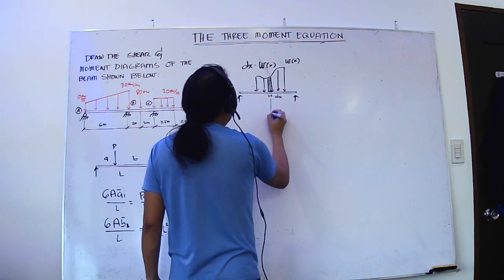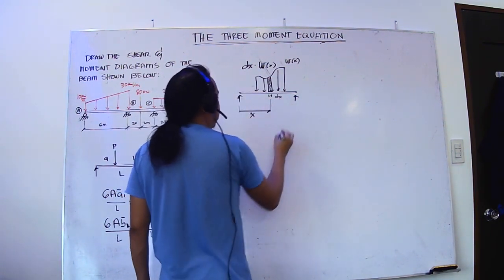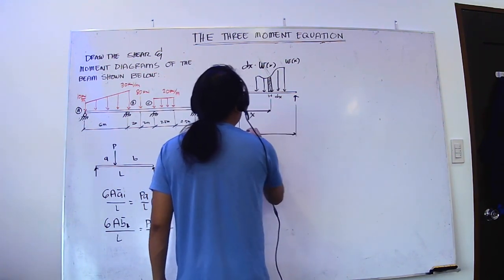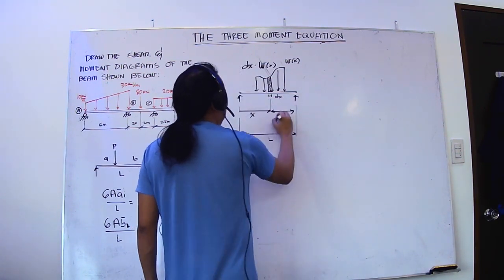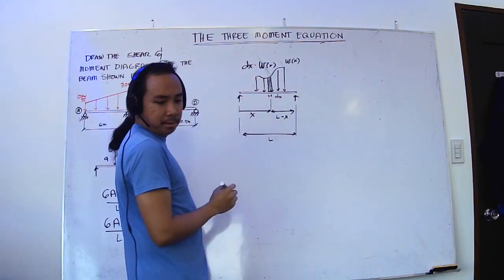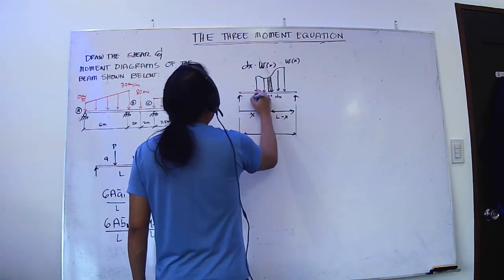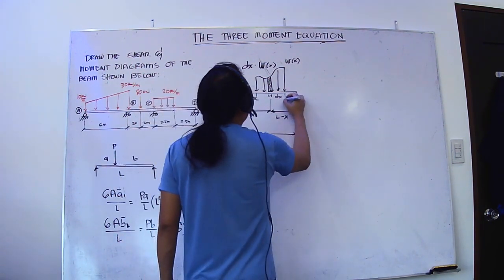Now this strip is located at a distance of x along the beam. If this is the entire span L, then by logic the remaining distance is L minus x. This integral starts from x1 and ends with x2.